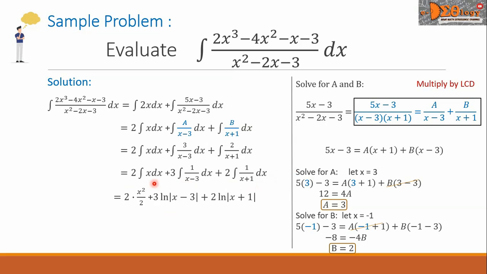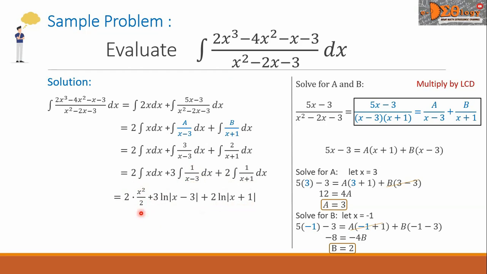So for the first integral, it will be 2 times x squared over 2 plus this 3, we copy down here, the integral of 1 over x minus 3 dx will be natural log of absolute value of x minus 3 plus the constant 2 we will copy here, and the integral is natural log of the absolute value of x plus 1.